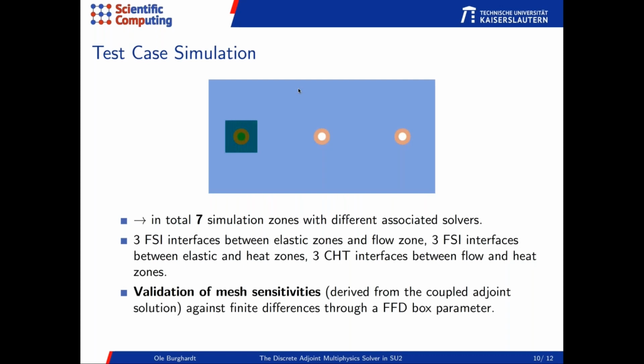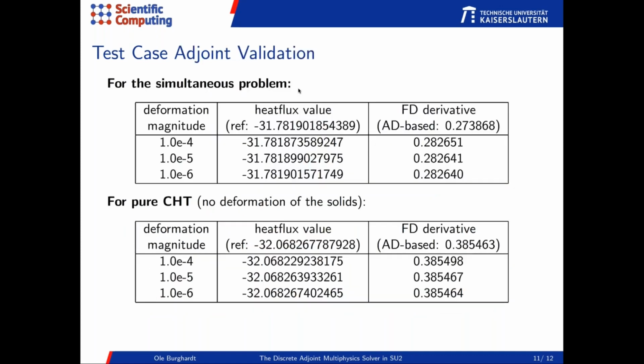Now we are running the discrete adjoint multiphysics solver just by SU2_CFD_AD. Then we validate our coupled adjoint solution through validation of mesh sensitivities against finite differences through a single FFD box parameter, shown here in the FFD box.